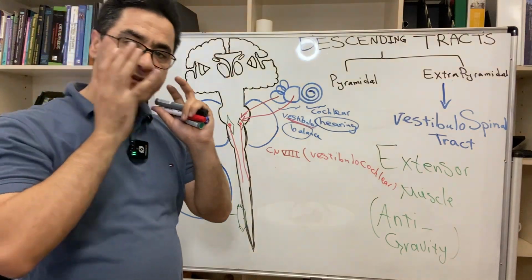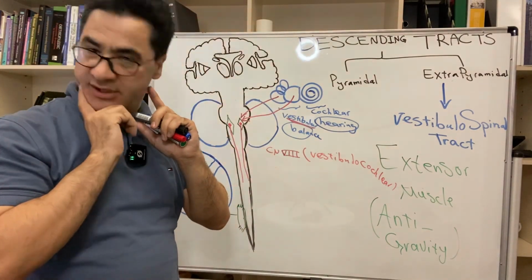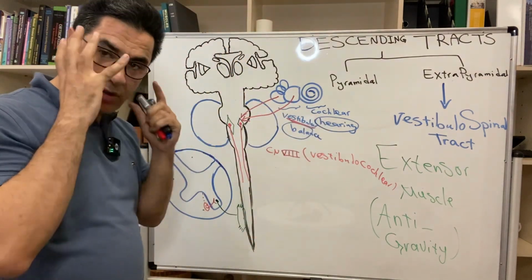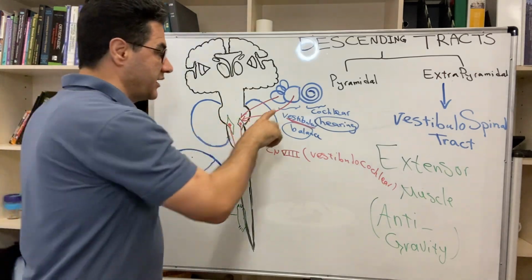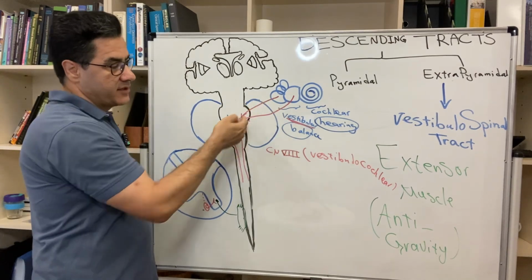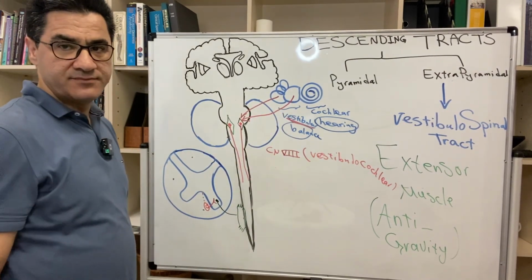So we have linear acceleration and rotational acceleration. All this information about the position of the head and neck is carried to the vestibular nucleus through cranial nerve 8 from the vestibular part.